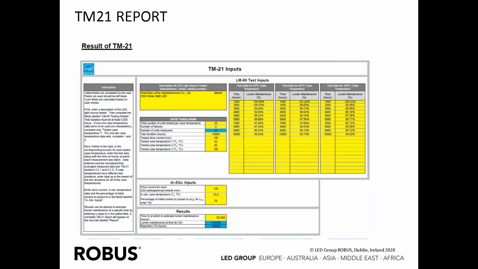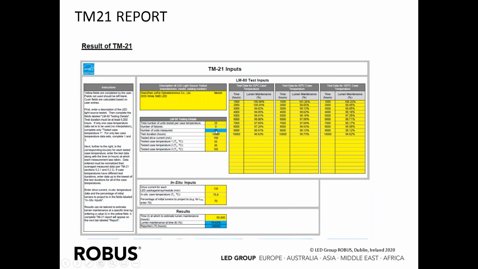This is a typical result of TM21. And if we look at the yellow section, this is the information that needs to be input by the tester or the test house. And it's about the LED itself, what type it is, what manufacturer it is, the number of units tested, and we can see here that there were 25 tested in the LM-80 report. There were no failures.